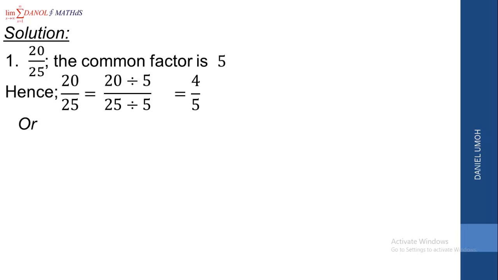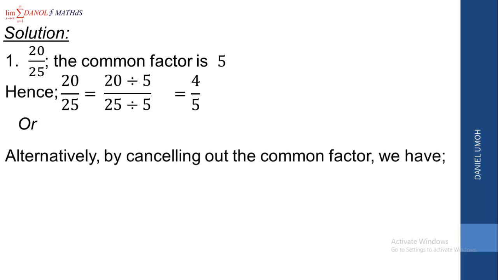Alternatively, we can use another method. Let's show you another approach to reducing this fraction to its lowest term. The approach we are going to use is called the cancellation method. In this cancellation method, what we are going to do is to cancel out the common factors. See what we mean. Now, 20 over 25.